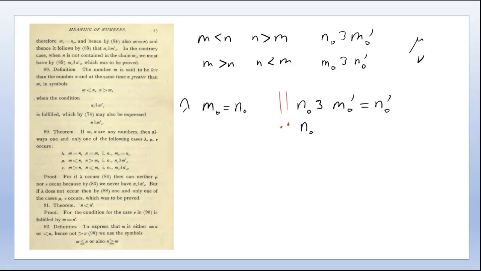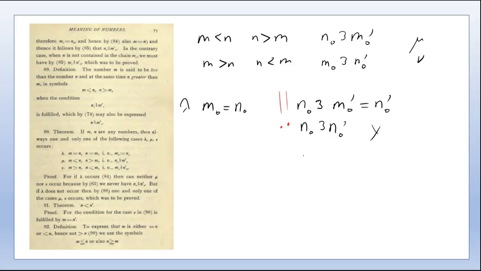So that would suggest, therefore, that n naught is a part of n naught primed, which doesn't occur. What does 83 say? The transform chain n naught primed is a proper part of the chain n naught. So we can't have that.